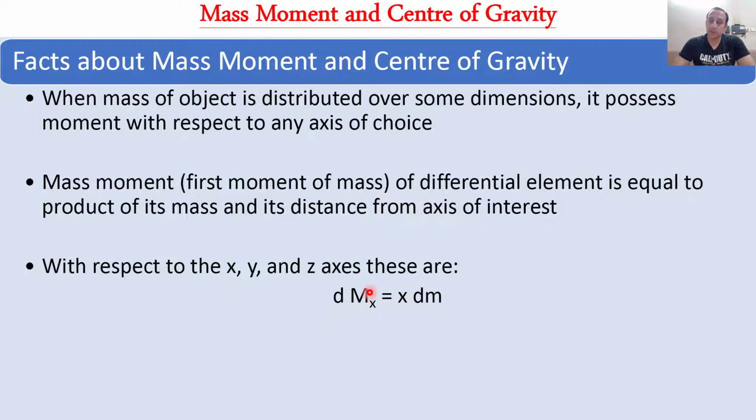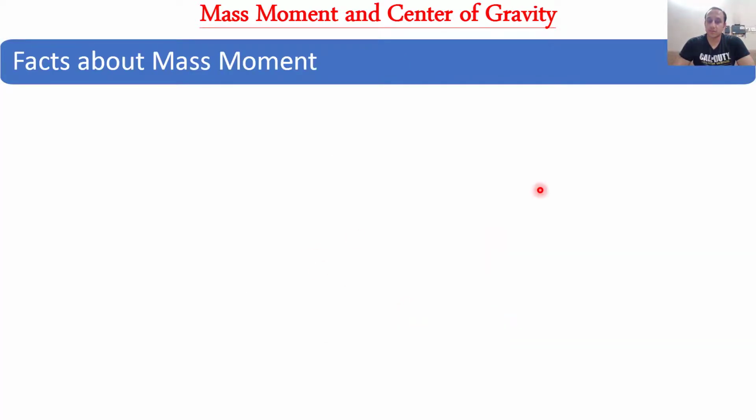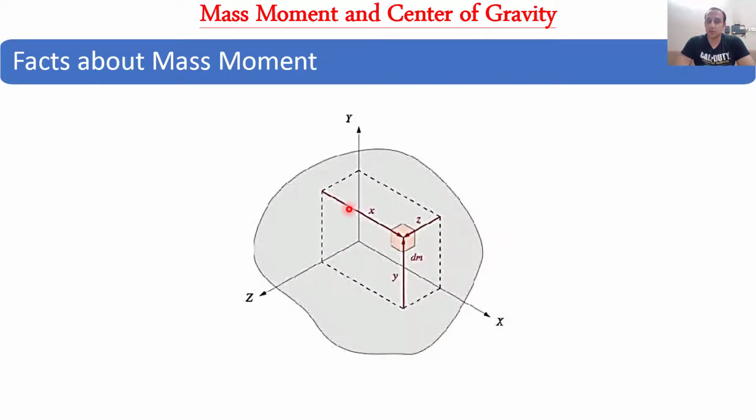Since we are considering the differential mass, we will get the differential mass moment. We get it if we multiply the differential mass with this dimension, that is x, the distance of this differential mass element along the x-axis.